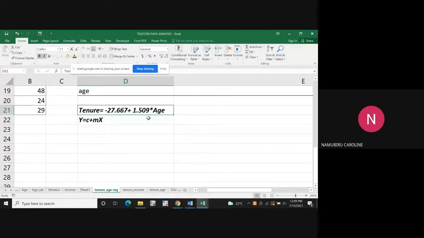So one increment in age by 1 increases tenure on average by 1.51 months, or holding other factors constant, a reduction in age by 1 year reduces tenure, because this is a plus. So the plus means that these ones have a direct relationship. An increment in age does the same on the other side. So this relationship is positive.